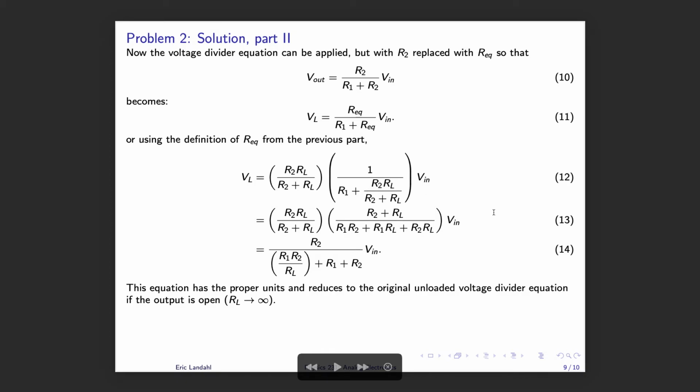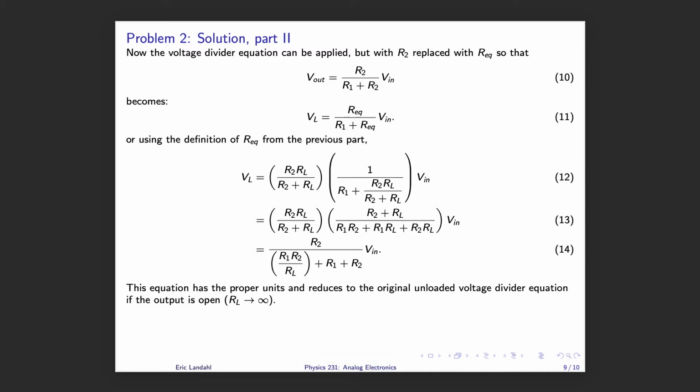And it's a matter of simplifying the mathematics. Briefly, I'm going to multiply the second set of parentheses, both top and bottom, by the quantity R2 plus RL, which leaves me with this modification. And then the R2 plus RLs actually cancel with the term in parentheses otherwise. And after some further simplification, I can rewrite my expression for the loaded voltage, that is, the voltage with the load attached, as this equation 14.